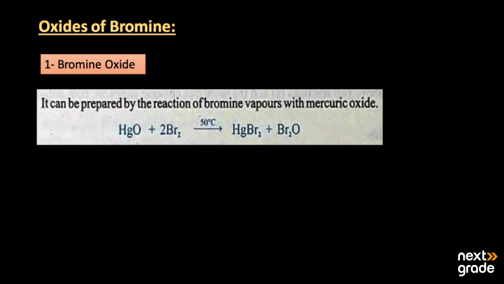If we talk about the oxides of bromine, they are basically very dark, volatile liquids. Volatile liquids are liquids that can be easily converted into vapors at room temperature.